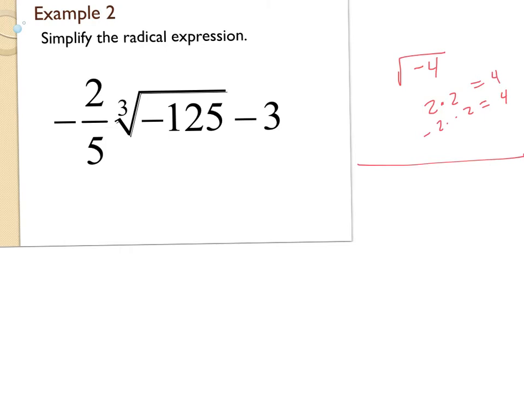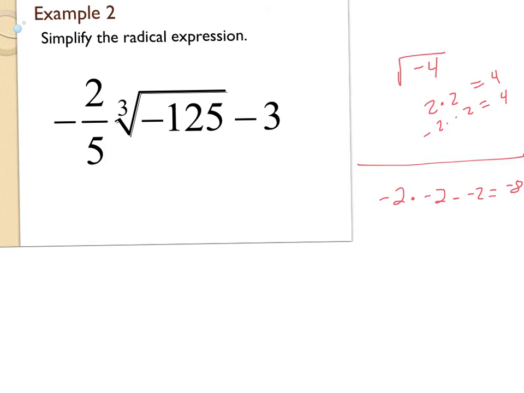But when it comes to 3 numbers multiplied together, we can get negative values. So when the radical is odd, negative numbers are fine. They'll work out mathematically. We can show that it works.